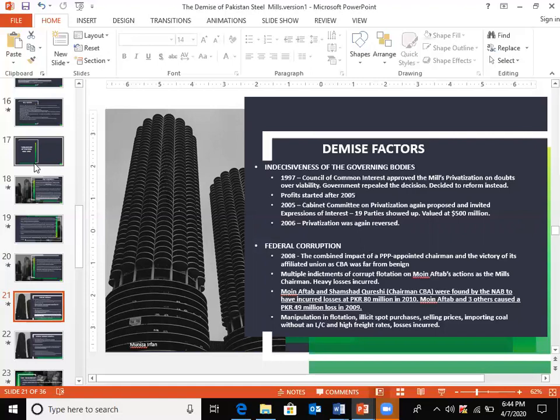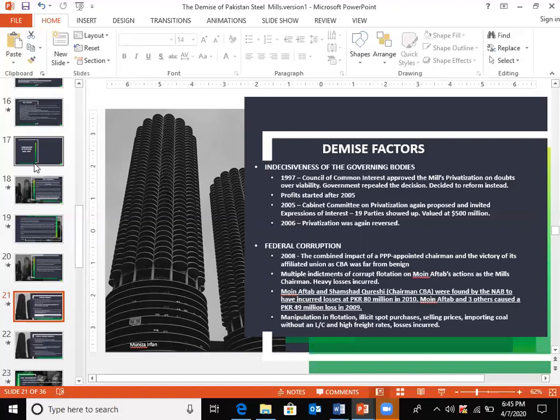According to NAB, during Moin Aftab and Shibshad Qureshi's time, the steel mill incurred losses of 80 million rupees in 2010, and they were known to have caused the steel mill about 50 million rupees loss in 2009.